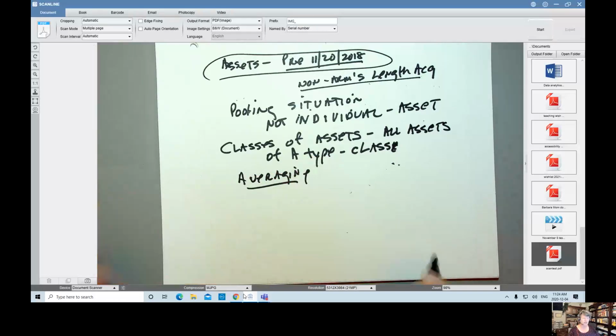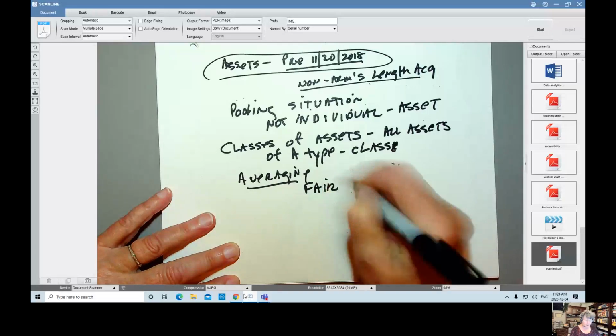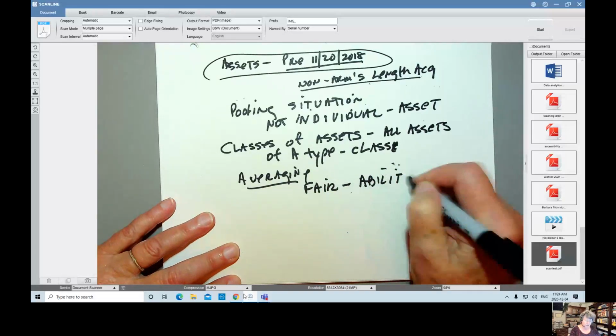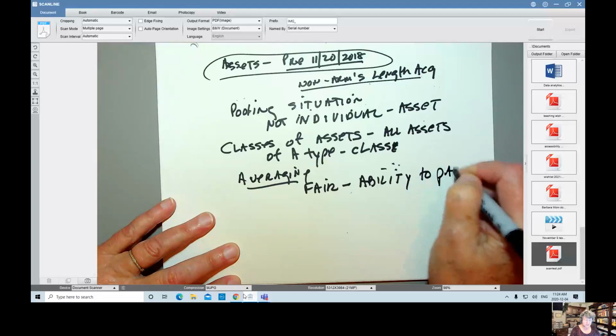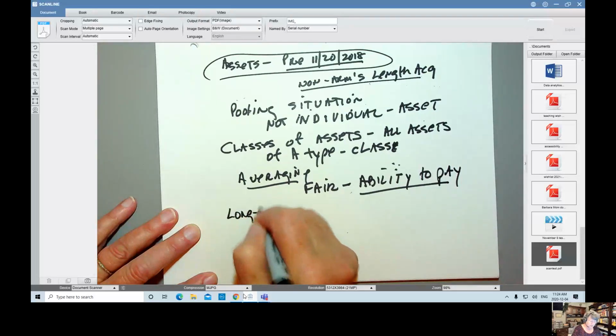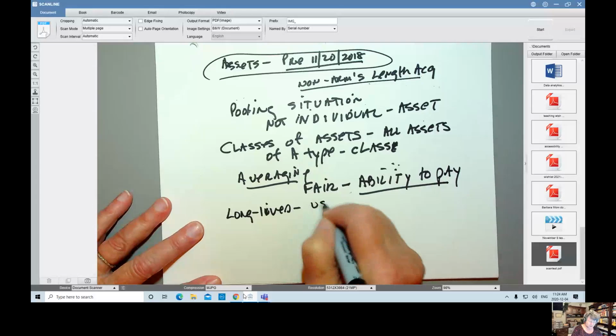Part of the reason that we do this is to make things fair, and I'll look at this with you, an ability to pay process. Typically, if you're a going concern and you sell one asset, these again are assets you're using in your business by definition. These are your long-lived assets that are used in the business.